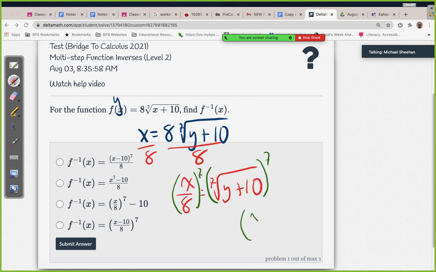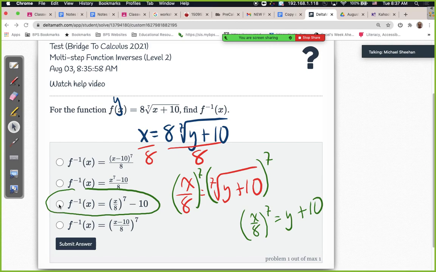So now I've got x over 8 to the 7th power equals y plus 10. Now all I have to do is subtract 10 from both sides, and this is going to be my inverse function. Right, minus 10, minus 10. F inverse of x is x over 8 all to the 7th power minus 10.